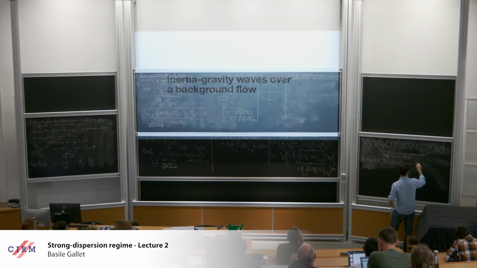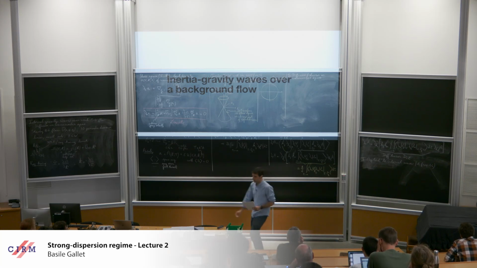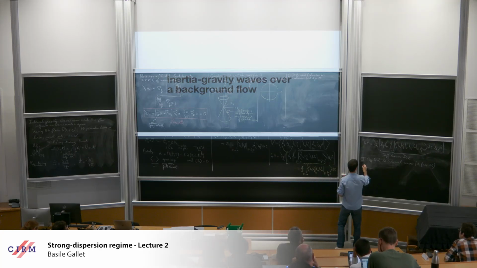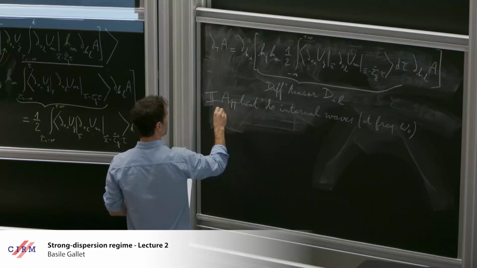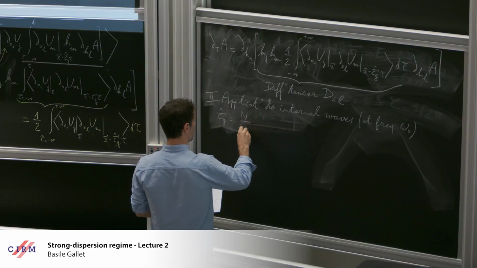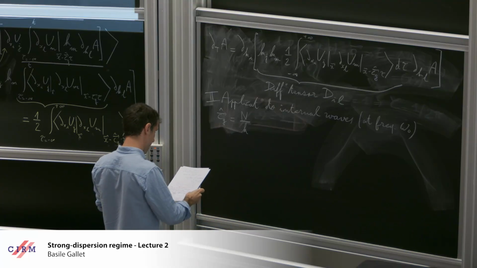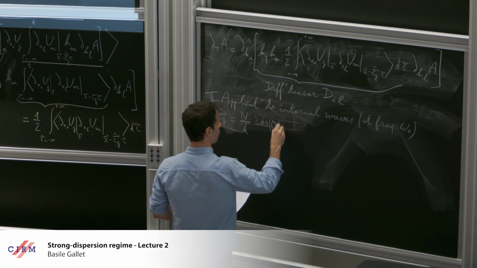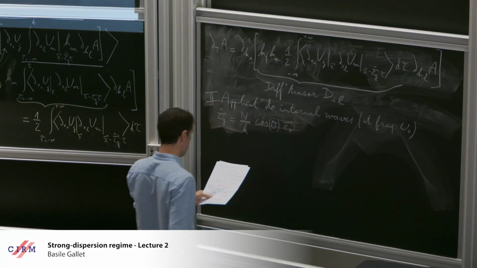And again, it's a bunch of internal waves at the same frequency omega 0 for simplicity. And these waves, I've drawn the graph here with the angle theta, and so you can check that their group velocity is simply going to be n over k cos theta e theta.